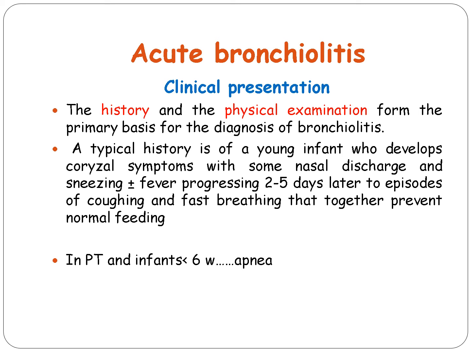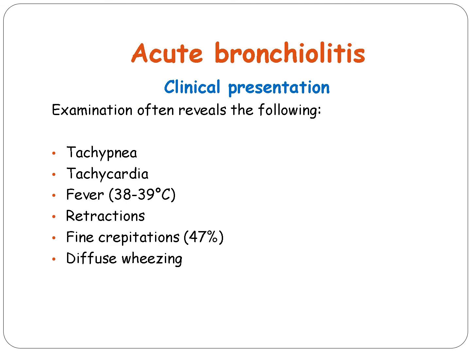In preterm infants and infants less than 6 weeks of age, apnea is a serious complication. Examination of this child often reveals tachypnea, tachycardia, fever, retractions. Fine crepitations may occur in 47% of cases, and of course diffuse wheezing.